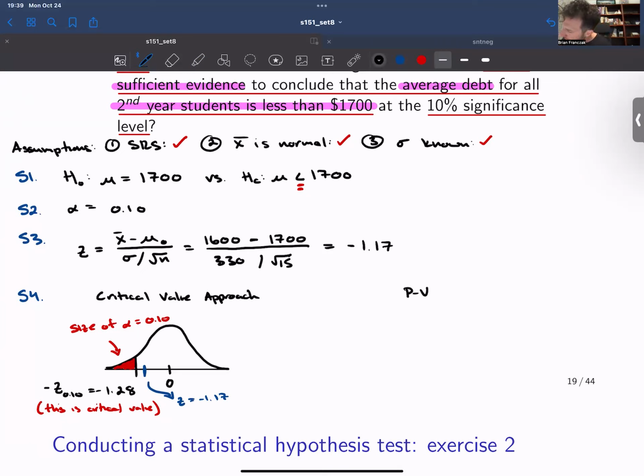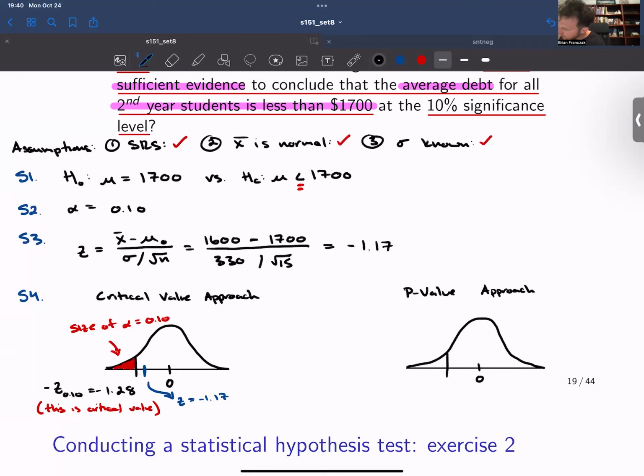If I take the p-value approach, I start in the same way as for the critical value approach. I sketch out a standard normal curve, something that looks like this maybe. I mark down where 0 is located, and now I mark down the test statistic.